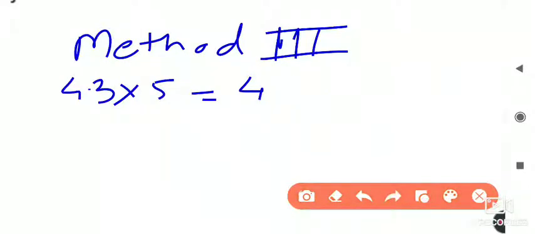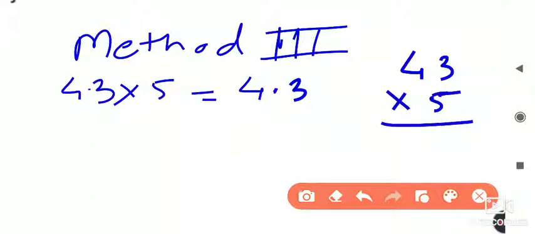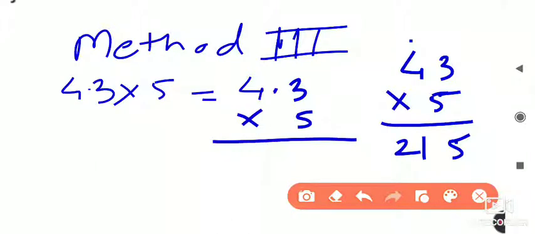So simply what we have to do here, I will tell you the 43 into 5 multiplication that we had already seen in the first method. 5 3s are 15, 1 carry, 5 4s are 20 plus 1 is equal to 21. So 215. Now in this multiplication, if the decimal comes, the same answer will come. 4.3 into 5, its answer will be 215 only, but we have to put the decimal point.